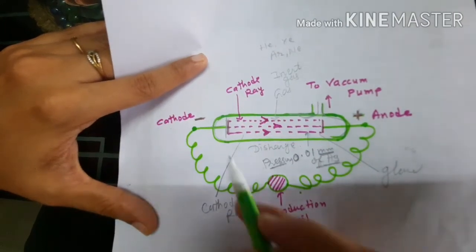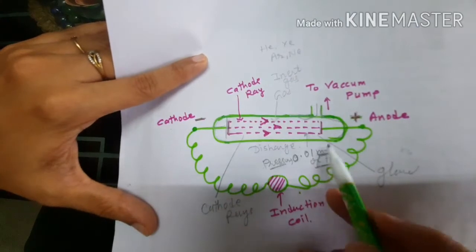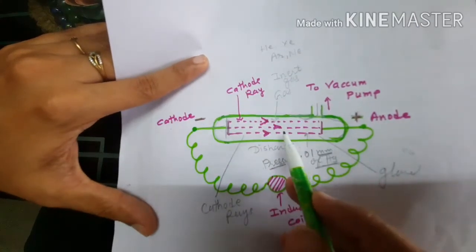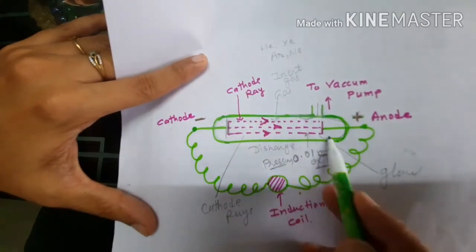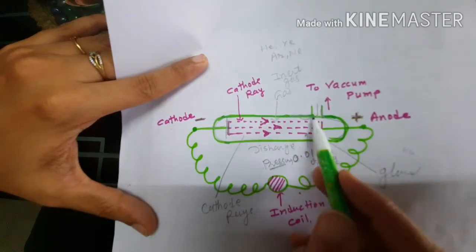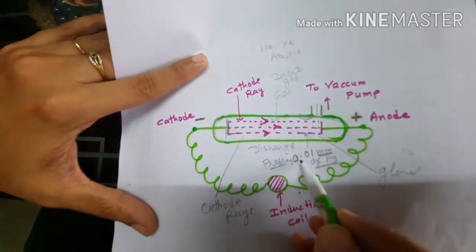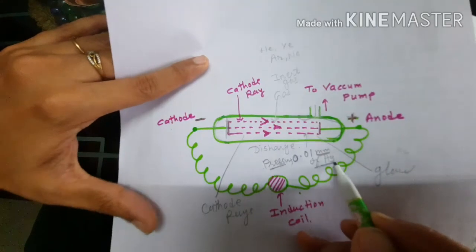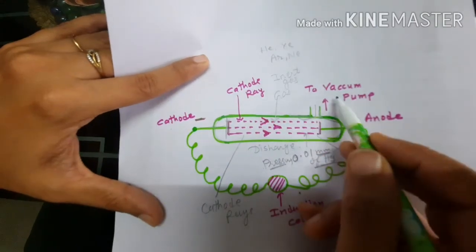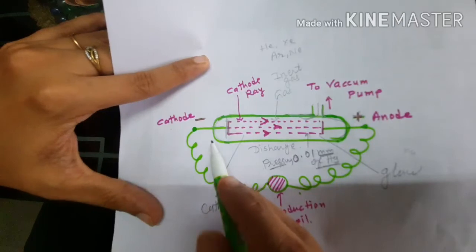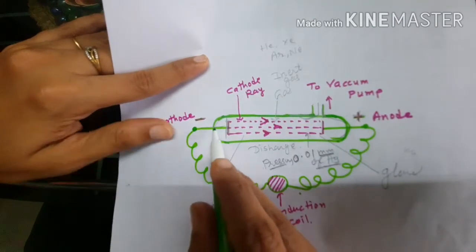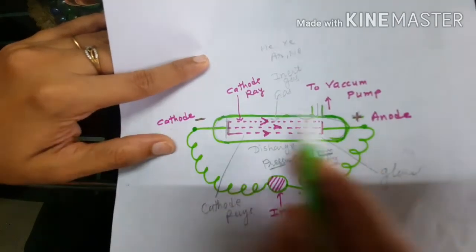I hope you understand the meaning of cathode rays. So this is the discharge tube. In the discharge tube, inert gas is filled, the pressure is maintained at 0.01 mm of mercury through the vacuum pump, and a high amount of electric current is passed through the tube.